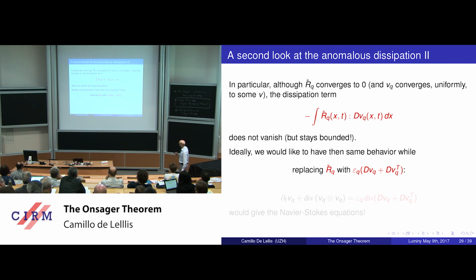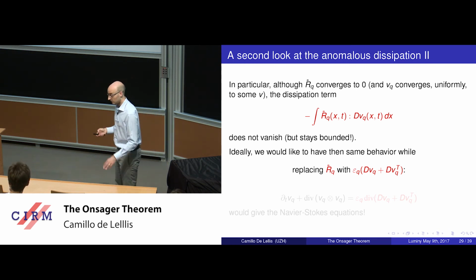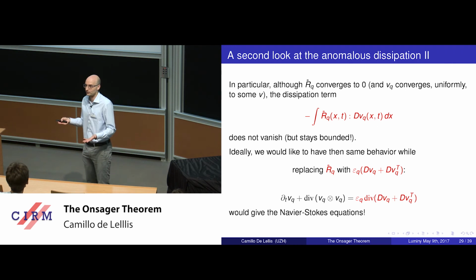And I told you that this R°_q is symmetric and trace free. Ideally, I would like it to be equal to the symmetric part of the derivative of the velocity, which is trace free and symmetric. That actually amounts to solving the Navier-Stokes equations. If I could replace R°_q by ε_q (dv_q + dv_q^T), then I would have an answer to this question that I posed at the beginning: a sequence of solutions of the Navier-Stokes equations with viscosity going to 0, and which is actually displaying dissipation.